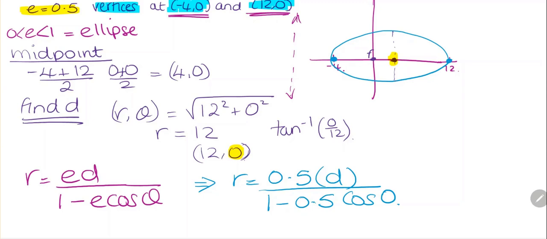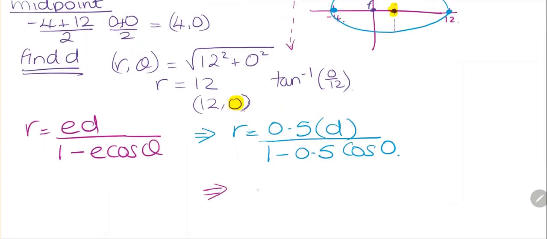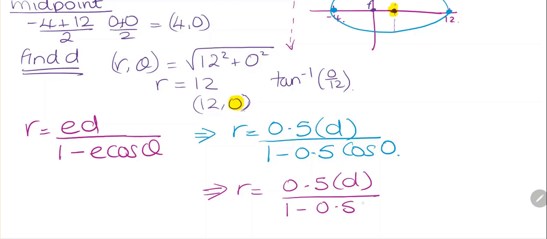So let's rewrite this again. We have 0.5 times d over 1 minus 0.5 times 1. Now r we've worked out is going to be 12, so we can replace that. So this is going to be 12.